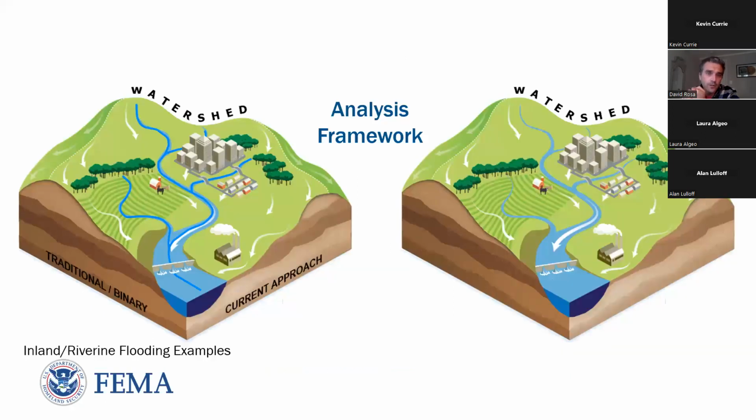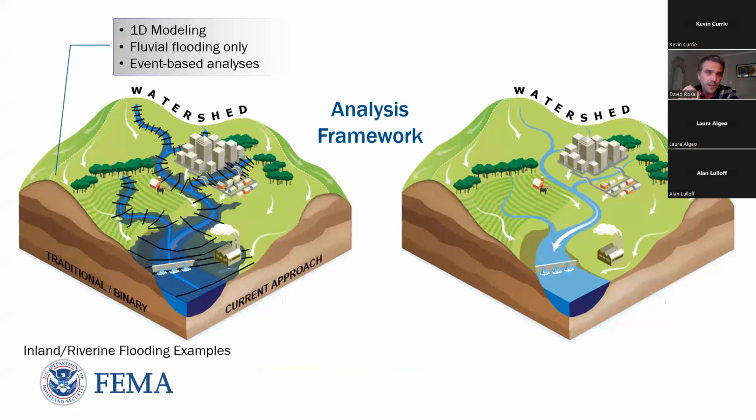Next slide. So I'm going to spend a little bit of time just talking about where we've been and where we're going. On the left is where we've been, and on the right is where we're going. And it's in the context of two watersheds. So on the left-hand side, next animation, right? Historically, we've really been focused on 1D modeling, cutting cross sections on various stream reaches, really focused on fluvial sources of flooding.